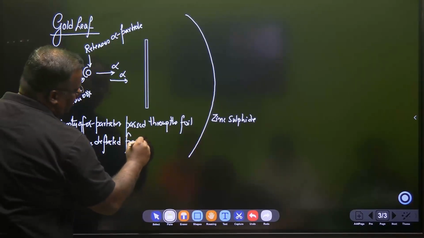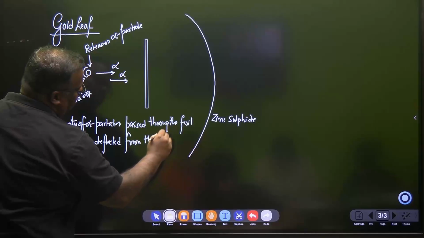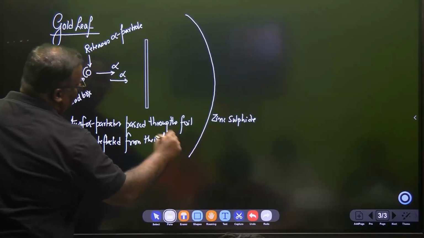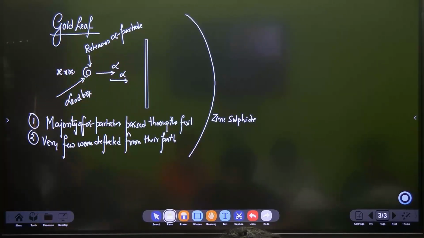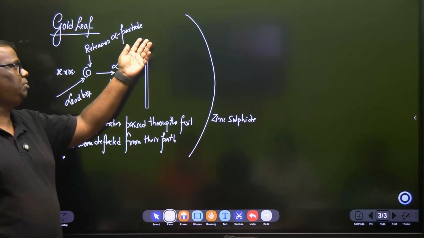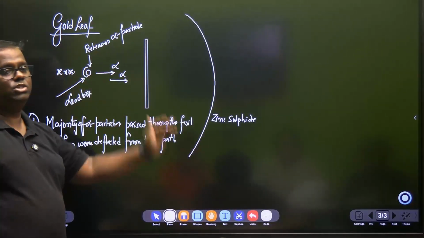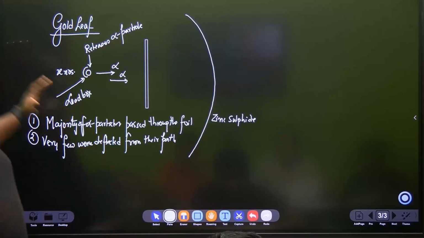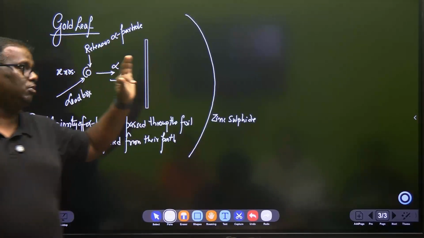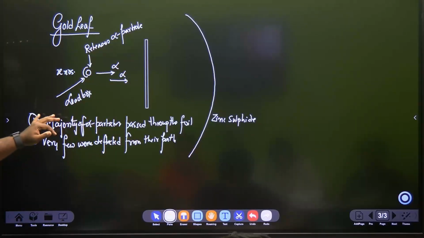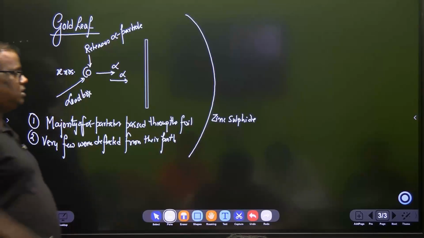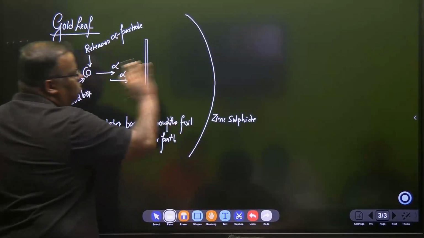from their path. These are alpha particles being bombed. So we have to understand the experiment. A thin strip of gold, a foil of gold, is taken, and it is bombed by a stream of alpha particles. As the stream of alpha particles goes and hits, three observations were made. First observation was the majority passed through the foil.